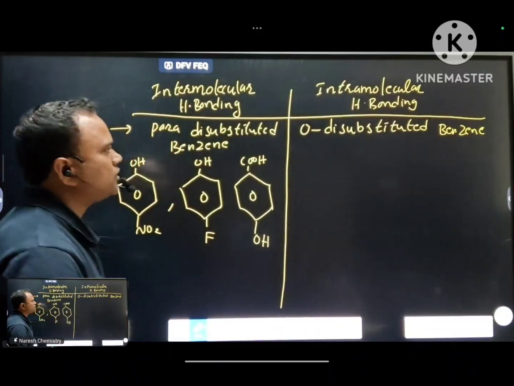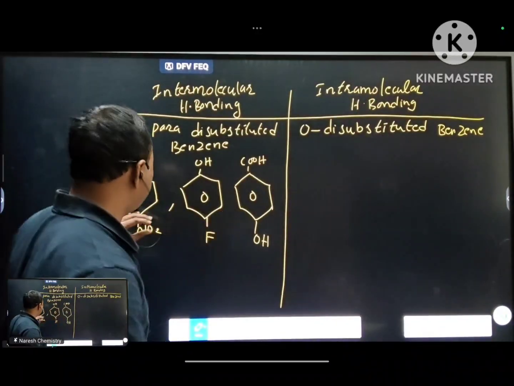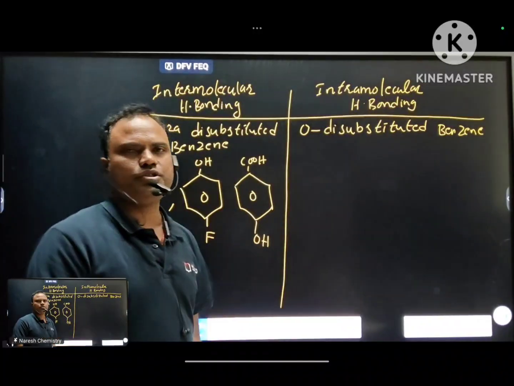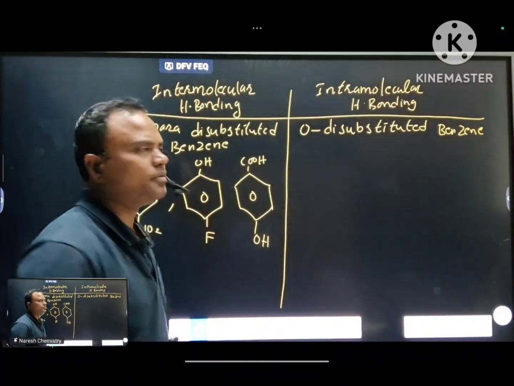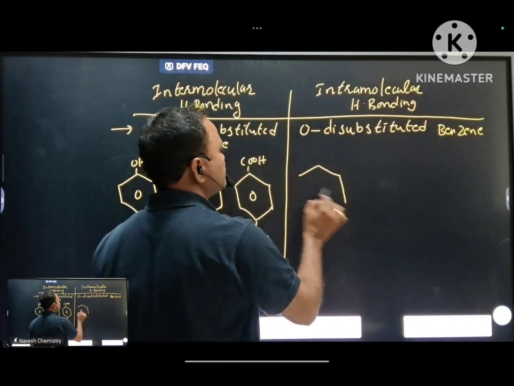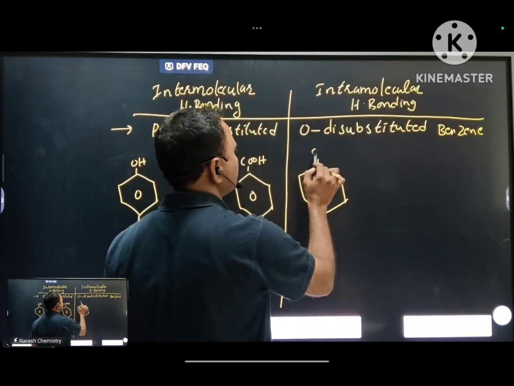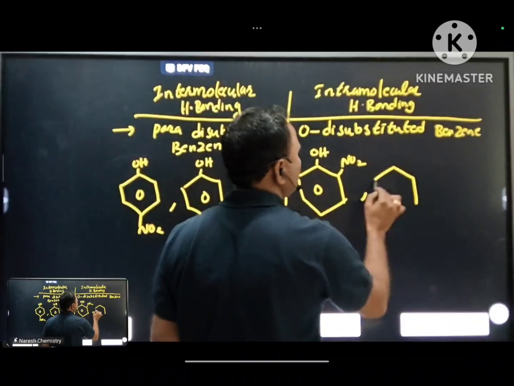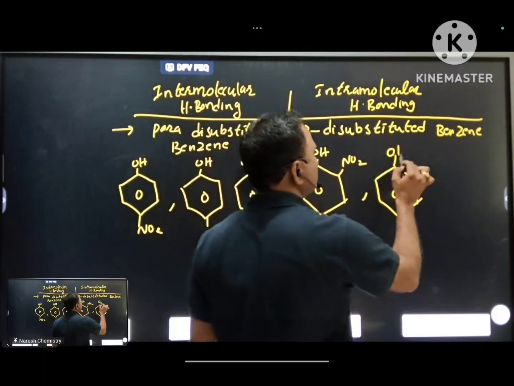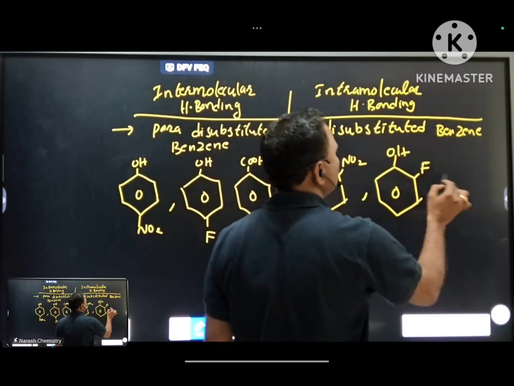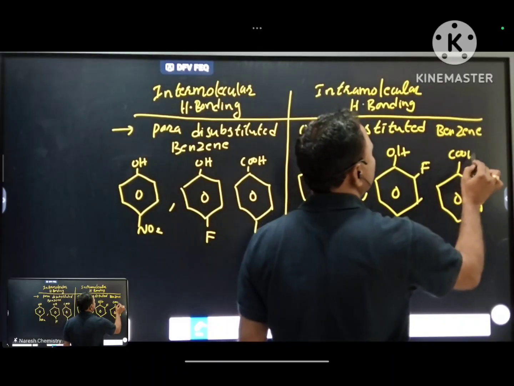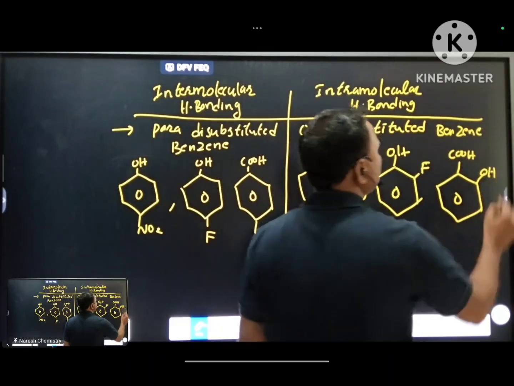Ortho disubstituted means take these in the ortho position: NO2 in ortho, fluorine in ortho, OH in ortho. Same examples here, but we change the position of the substituent. Ortho nitrophenol, ortho fluorophenol, ortho hydroxybenzoic acid.